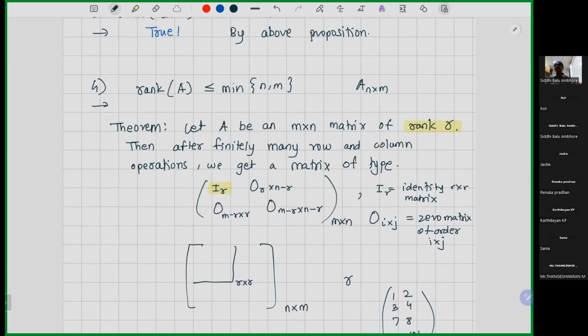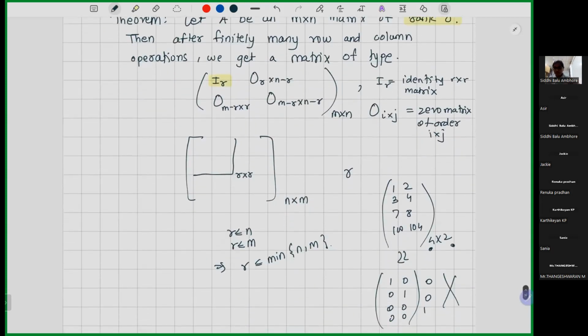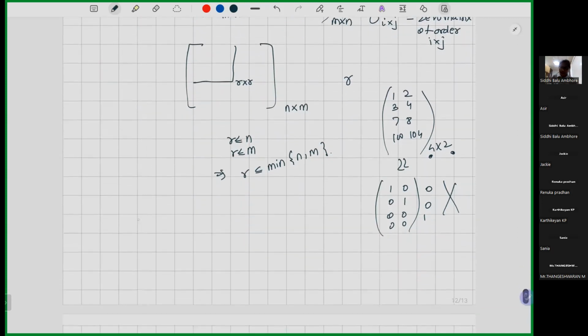I have a doubt, sir. If an n into n matrix has a column of all zero elements, then what will be its rank? What will be its rank?